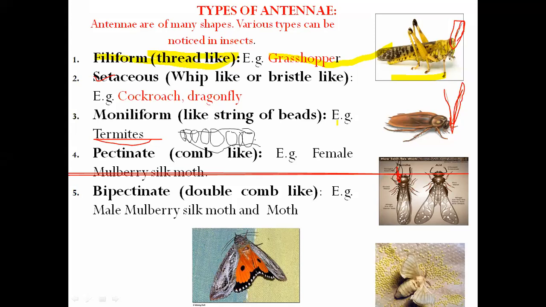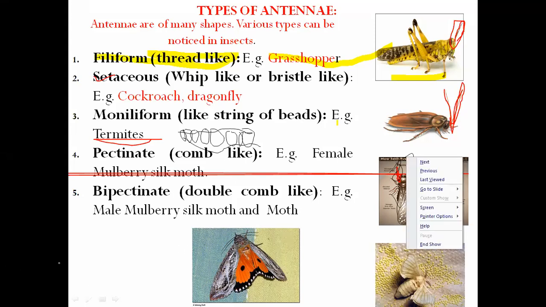It means beaded: it has defined, prominent constriction in between the antennal segments, forming a globe shape, and that is called a bead. This is called the moniliform antenna, which is present in termites. Okay, so this is the third type of insect antennae.